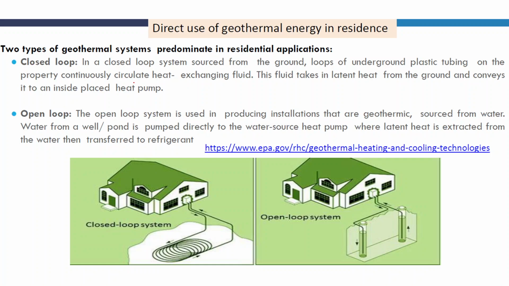Now let us come to the direct use of geothermal energy. It can be used in two types, either closed loop or open loop. Let us talk about closed loop. Suppose this is our house. A pipe will be taken from our house and it will go deep into the earth, with coiling done.